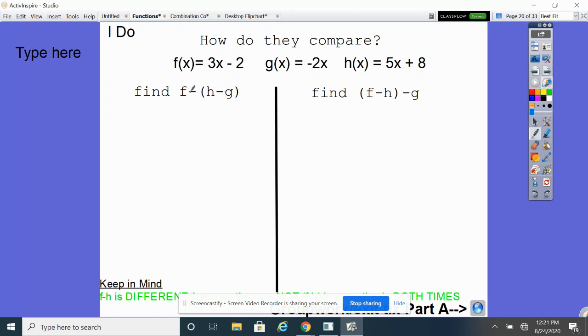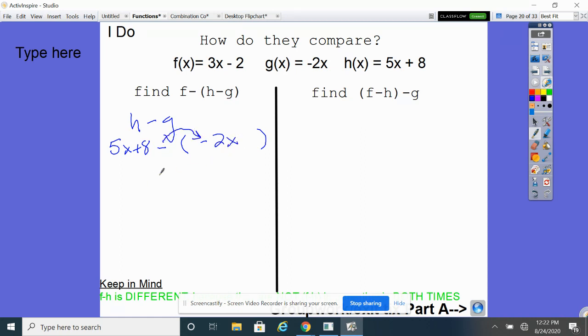Okay, this time there's no plus signs. It's f minus h minus g. So we do what's in the parentheses first. That's h minus g. H, according to the top, is 5x plus 8. Minus, because of the minus sign, you have to do parentheses. What was g? G, again, is negative 2x.